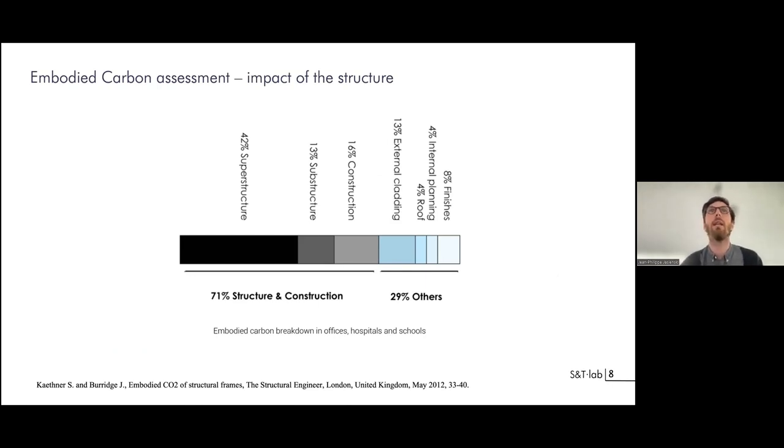If you look at the embodied carbon assessment in buildings, you can see that the structure and the construction are really the main part: superstructure 42%, 13% substructure. That really means there is a huge potential to optimize and to develop, together with architects, buildings that are more efficient as structures. So that's really something we cannot not look at.